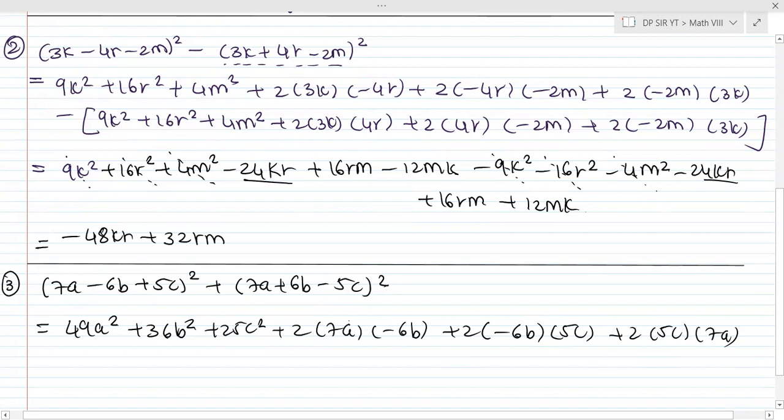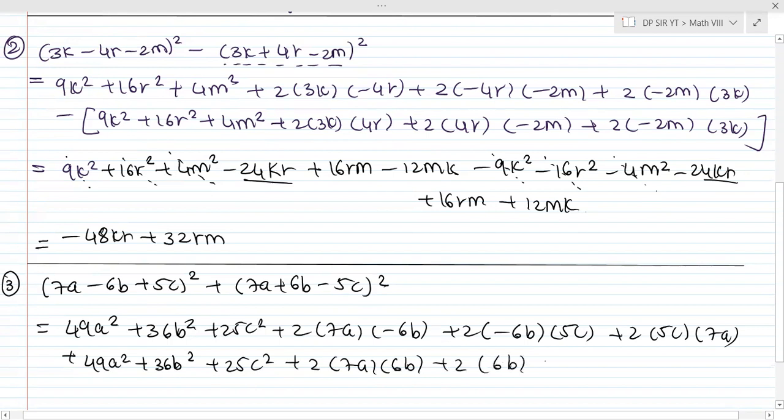Let's move ahead. 5c, 7a is done. Then plus 49a square plus 36b square plus 25c square plus 2 into 7a into 6b plus 2 into 6b into minus 5c plus 2 into CA, so minus 5c and 7a.